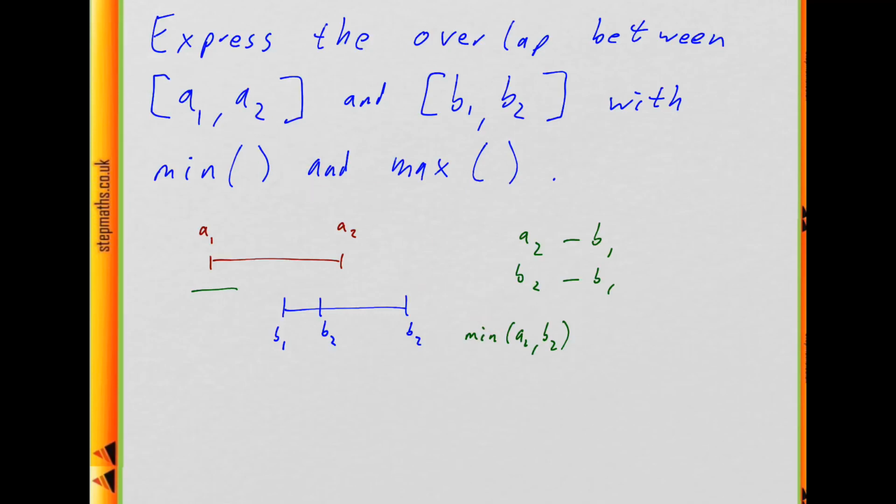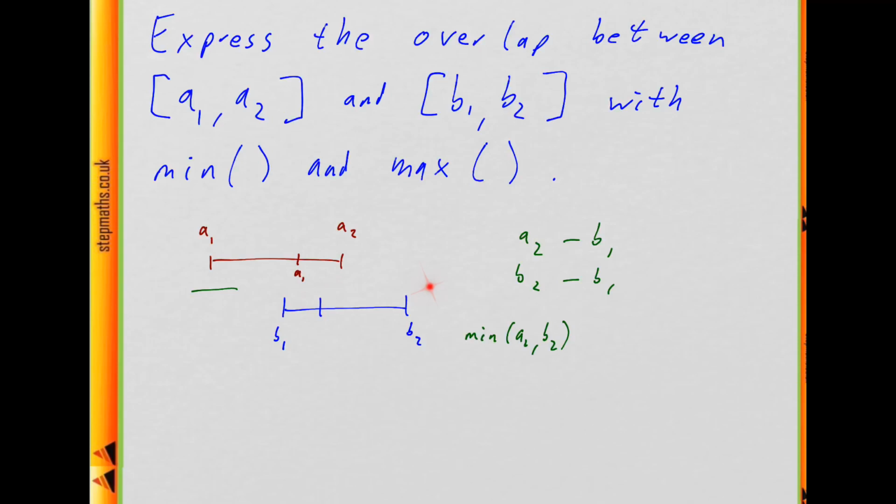And then what we see there is, well, I've drawn a1 over here, but a1 could have been, say, here instead. And in that case, this interval a1 to a2 would be contained within b1 to b2. Let's go back to this case where b1 to b2 is quite long. And then what would the overlap be? It would just be a2 minus a1.